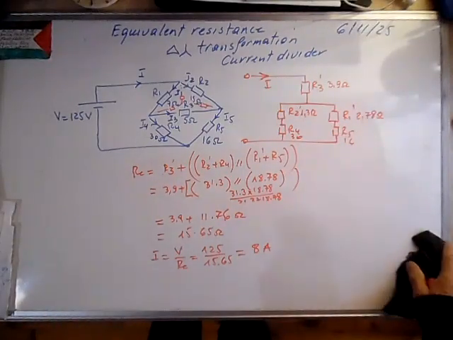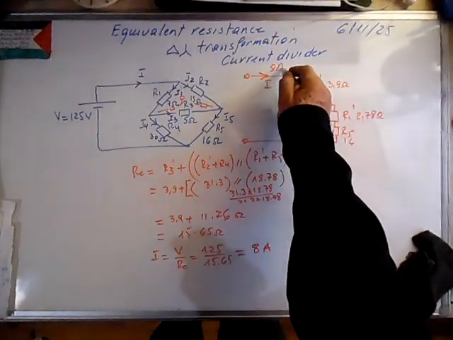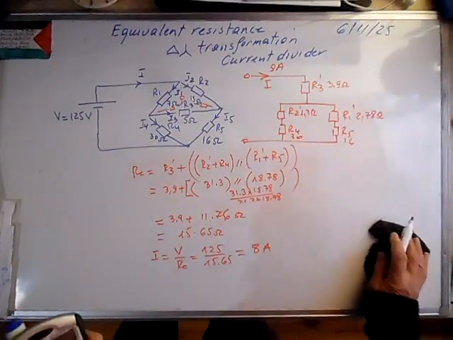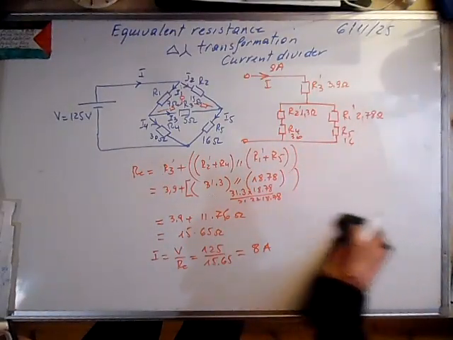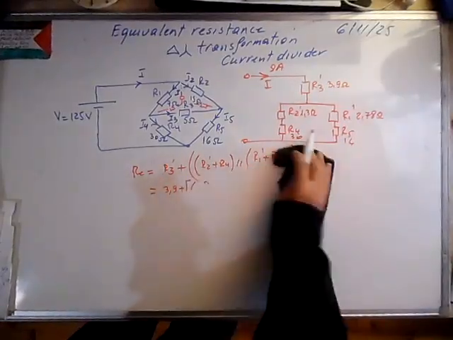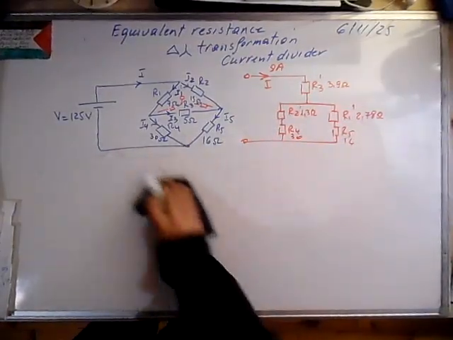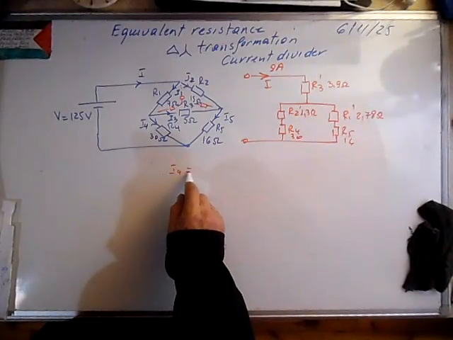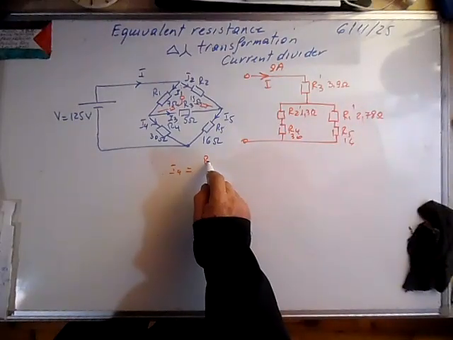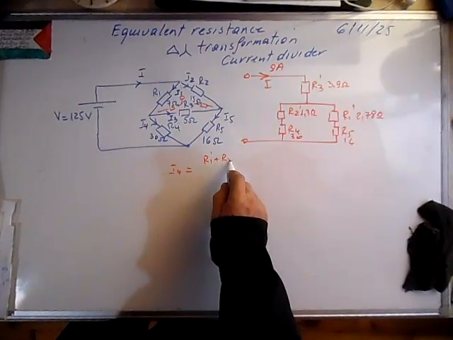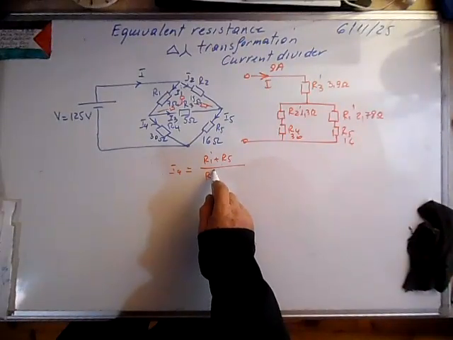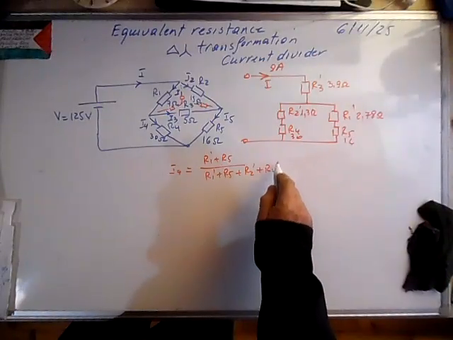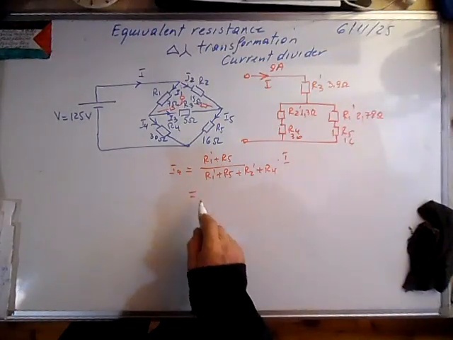Now we can calculate I4 using the current divider, because these two are in parallel. I4 is equal to R5 over R1 prime plus R5 plus R2 prime plus R4 times the main current we just calculated.